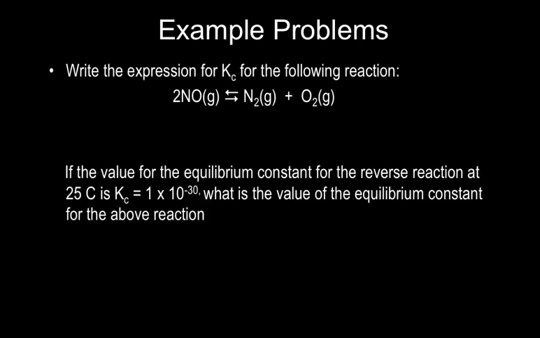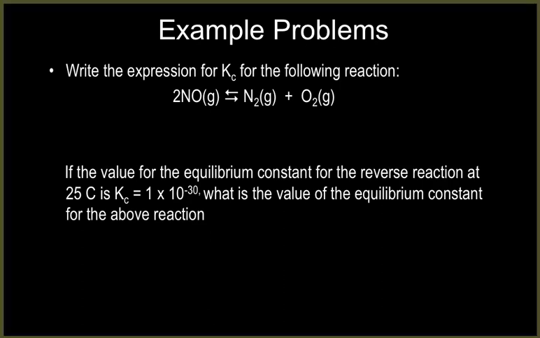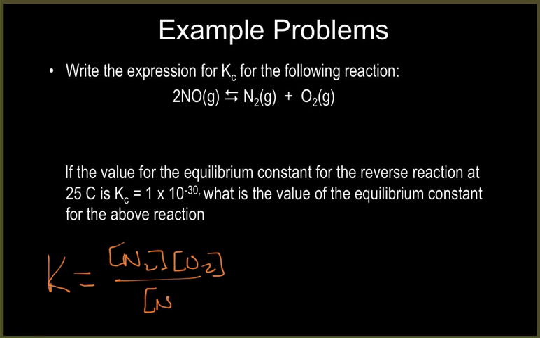So the example here says, write the expression first for the reaction, and then it gives us the equilibrium constant for the reverse reaction. What is the equilibrium constant for the reaction given? Our first thing would be to set up our K. Again, we're taking products over reactants raised to the coefficient. So N2O2 over NO raised to the second.